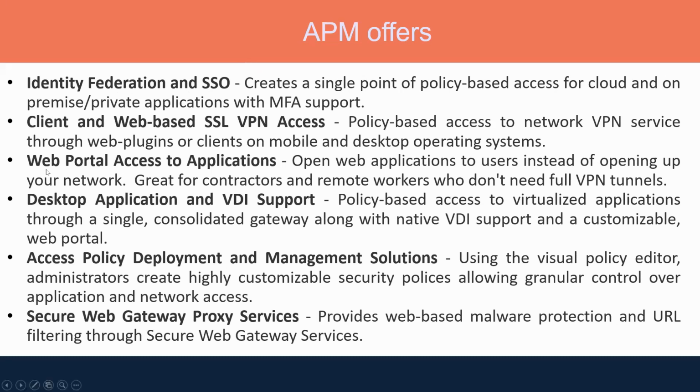It can work as a web portal access to the application. It can act as desktop application and VDI support. It can help you with access policy deployment and managing the solution. And it can act as a secure web gateway for proxy services.